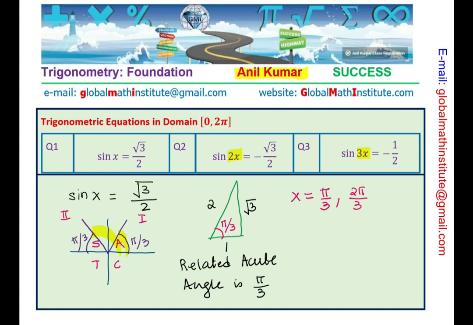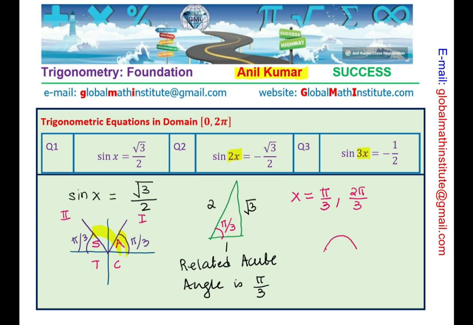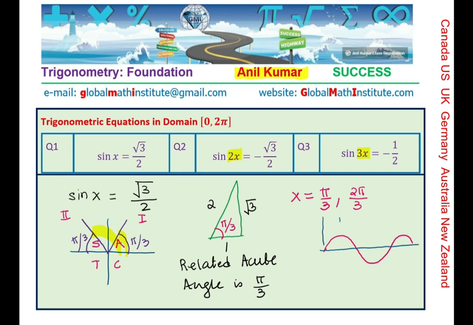Let us also understand this concept with the graph of the sine function. This is your sine wave, right? It starts with 0 and goes to a maximum of 1. When the value is square root 3 by 2, if I draw a line at square root 3 by 2, it intersects at two places.